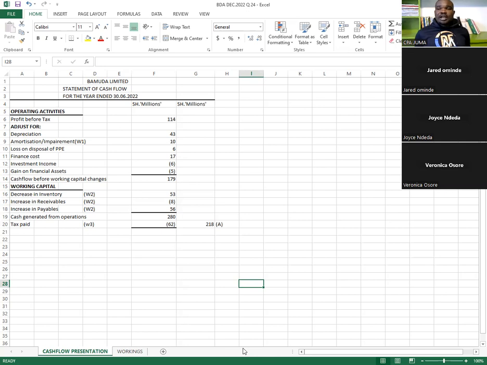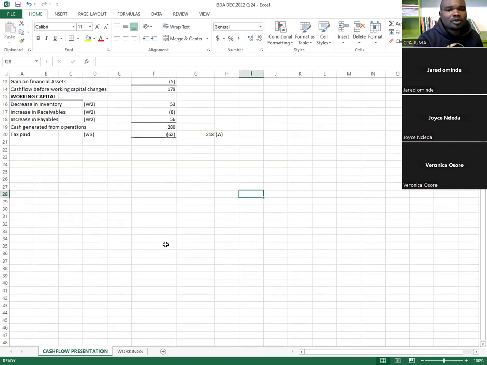Personally, I'll take both the dividends and interest to financing activities, but there is no harm as students subtracting interest and dividends at that stage. Jared, hope that is okay with you. Fine. Good.